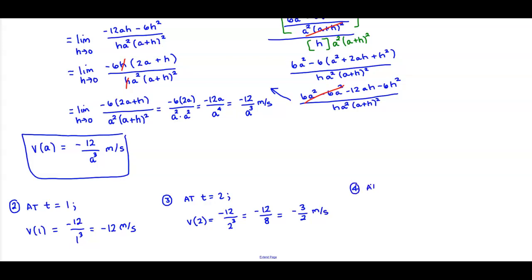And then at t = 3, this would be v of 3, which is equal to negative 12 over 3 cubed, which is negative 12 over 27, which then reduces to negative 4/9 meters per second.